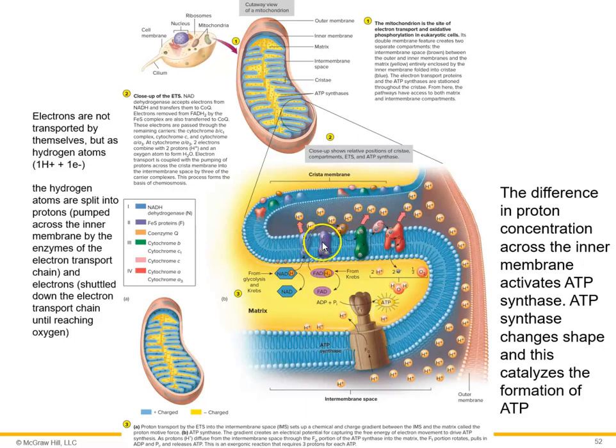Okay, so the electrons are moving down the chain towards oxygen here, while the protons are getting pumped across the inner membrane into the inner membrane space. Okay, this is the inner membrane space here. The inner part here is the matrix of the mitochondria.